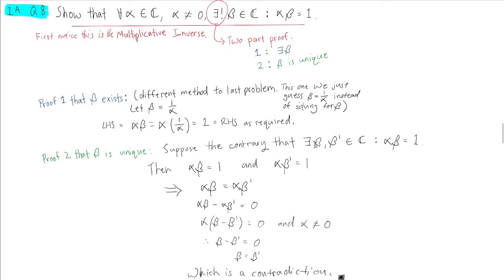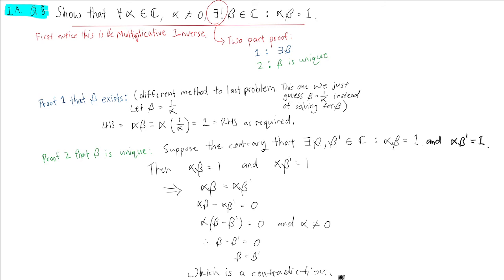So same as the last question, we're going to assume there exists a beta and beta prime that are complex numbers such that alpha times beta equals 1, and alpha times beta prime equals 1. Okay. Then alpha times beta must be 1, and alpha times beta prime must also equal 1.